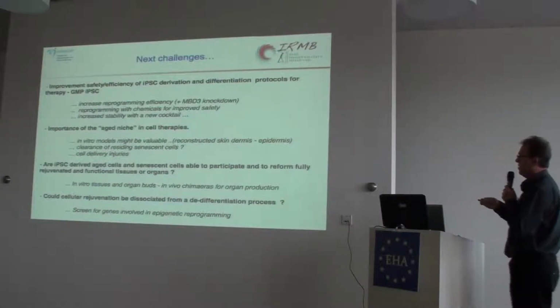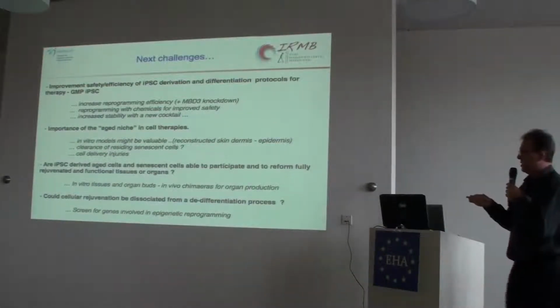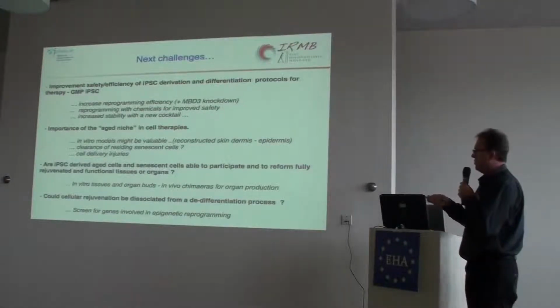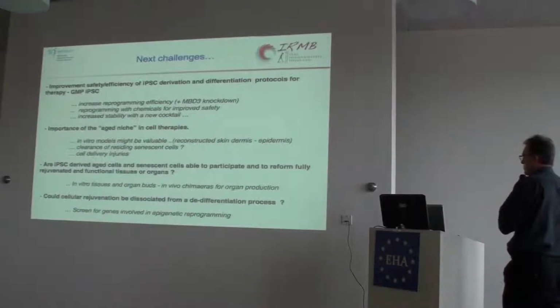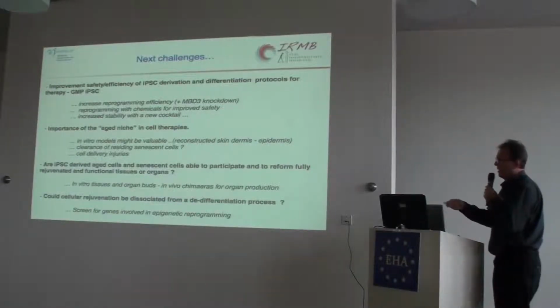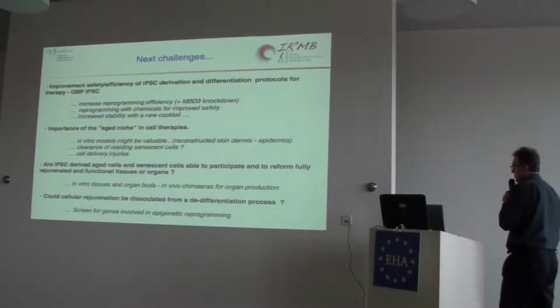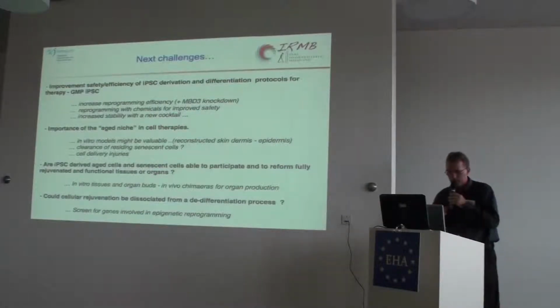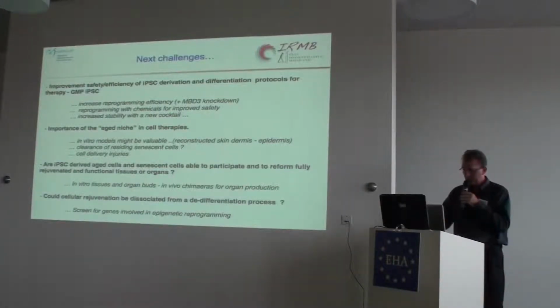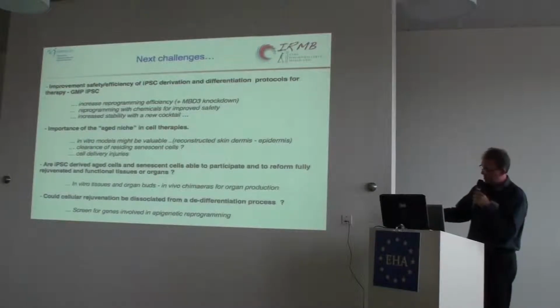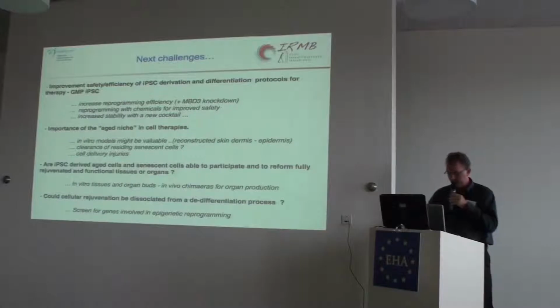And what we have to know now is also if we are able to reform tissues or organs, eventually with different chimera strategies. And for the rejuvenation process, are we obliged to go to iPS cells? Can we just epigenetically reprogram the cells to rejuvenate them? This is an important question.